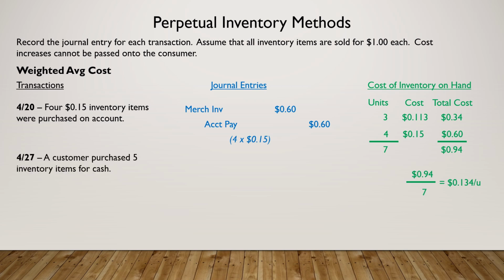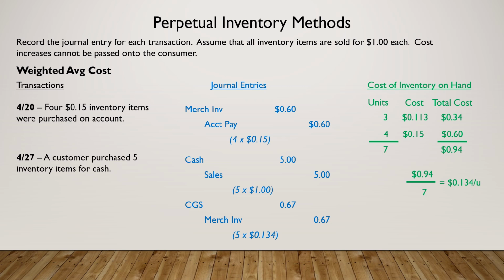On April 27th, we have cash sales of 5 units. Debit cash and credit sales for $5. As for the debit to CGS and credit to merchandise inventory, multiply the 5 units sold by 13.4 cents. How much inventory remains?